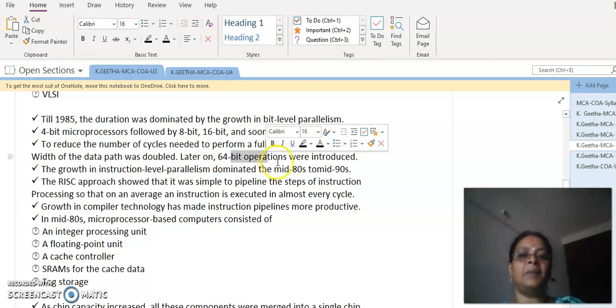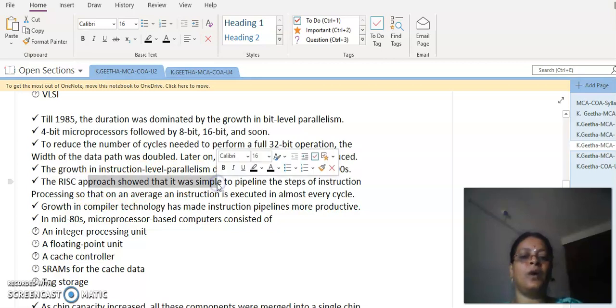Okay, and in the mid 80s and 90s, instruction level parallelism came into the picture. So we have discussed the four levels of parallelism, and these parallelisms have evolved in history at different milestones. Then the RISC approach showed a simple pipeline technique to improve the overall performance, and the growth of compiler technology also played a major role in improving the overall performance in terms of parallel processing and also pipelining.